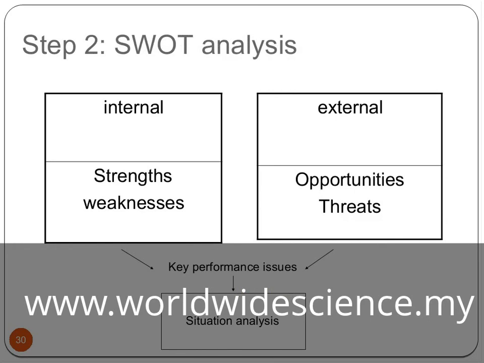I already told you about the SWOT analysis: strengths, weaknesses, opportunities, threats. I will remind all students again about this concept. Opportunities and threats are external factors, and strengths and weaknesses are internal factors.